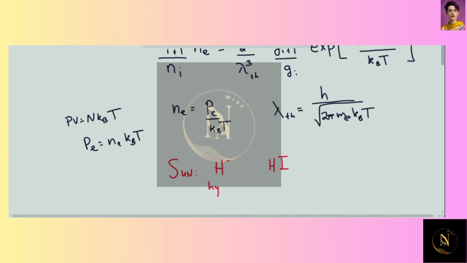So this is the hydride ion, and H I is neutral hydrogen. It turns out that the hydride ion is quite important in cooler stars. It does a fair bit of contributing to the opacity of the star.